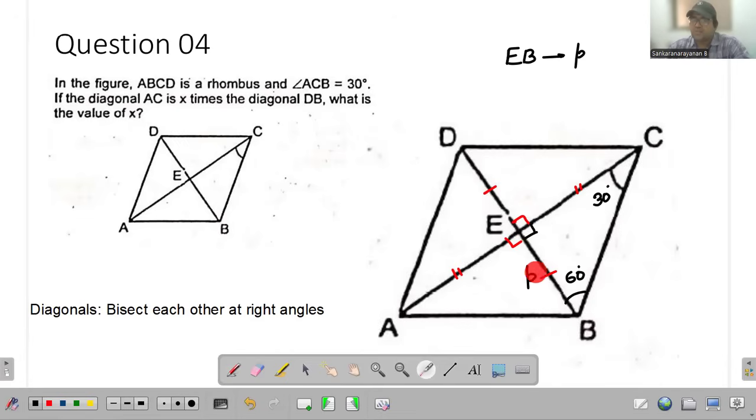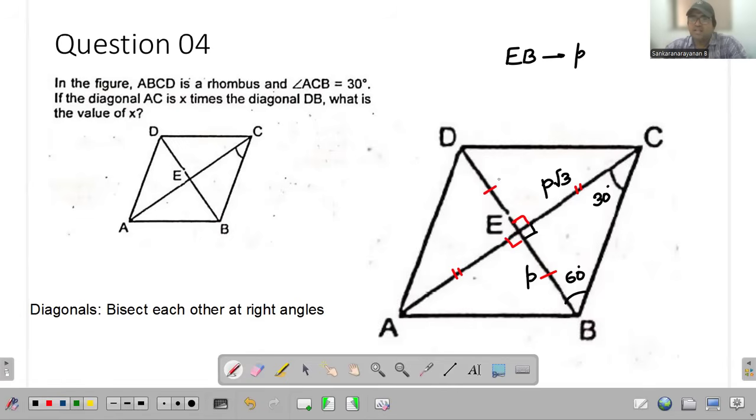So whatever comes opposite to 30, that value into root 3 should come opposite to 60. So this has to be P root 3 measurement wise, right? So I got EC is P root 3 and EB is equal to P. I got those two numbers.